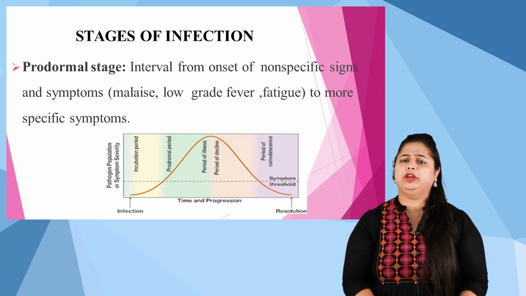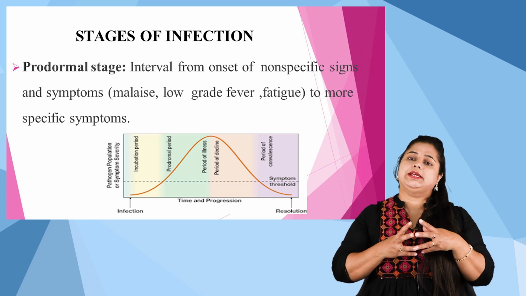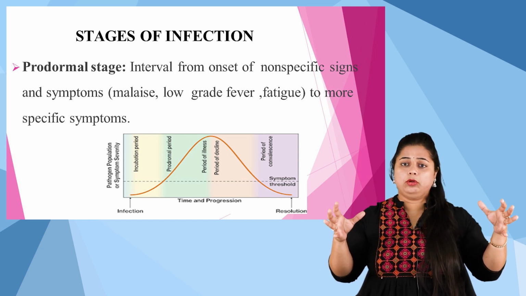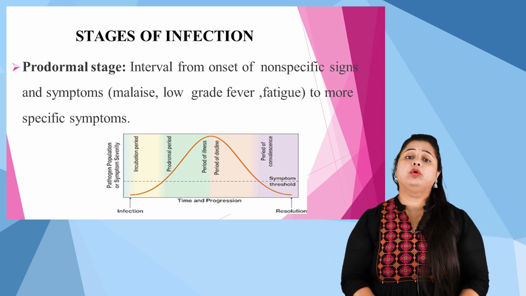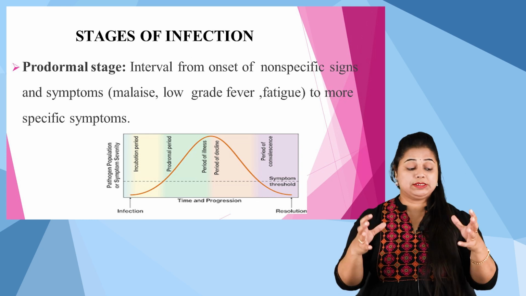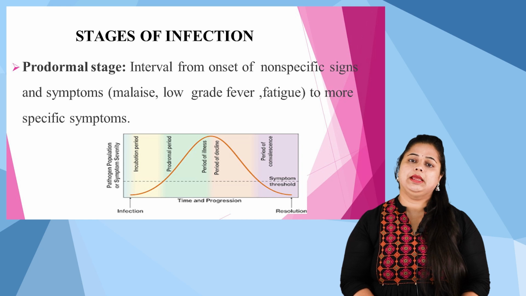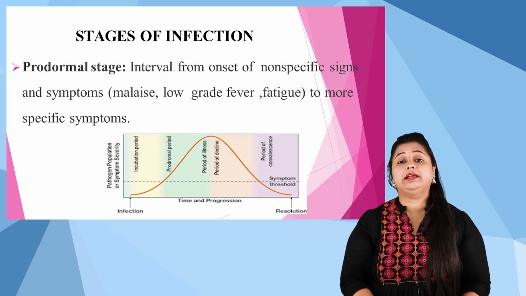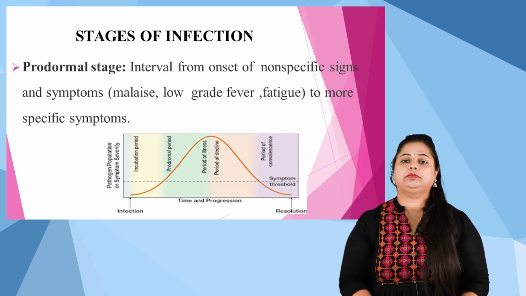In between, you will have fatigue. So there are so many general features showing, and when this prodromal phase is coming, there are much more specific clinical features that it will show. For example, in the diagnosis of fever, the specific clinical feature is increased body temperature.